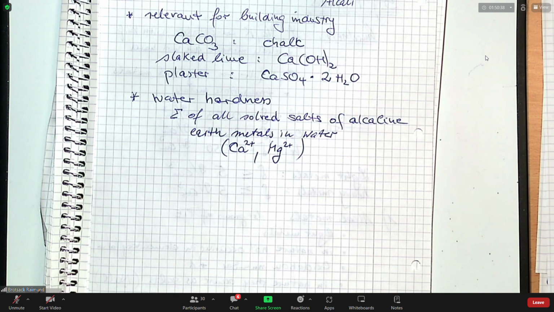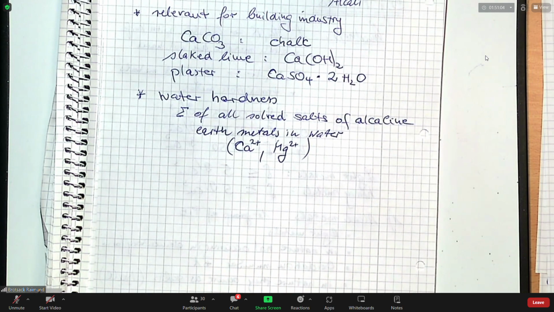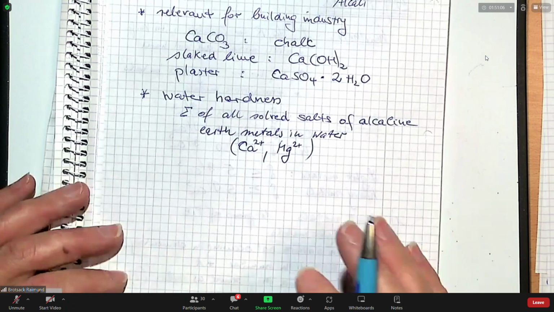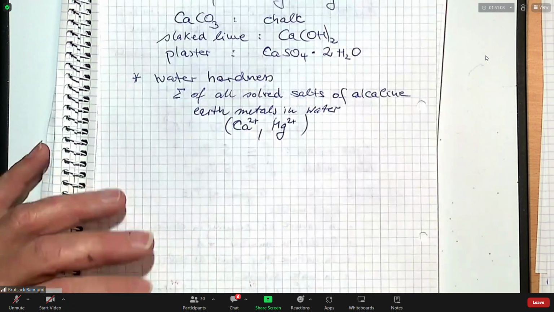A part of it remains as solved ions, and the part of it, which is temporary, is precipitating. And that builds a surface coating, a white coat of carbonates or sulfates. These are the carbonates on the surface. And we will have a look at what happens in this process.